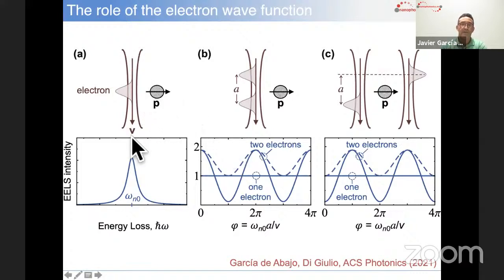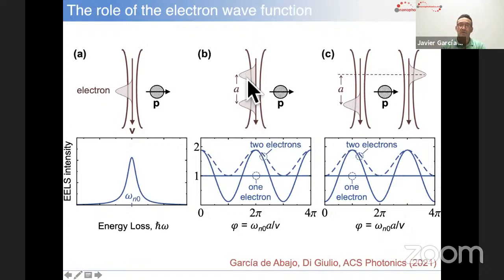So you have one electron interacting with some optical mode, a plasmon or something like this. Then you have a spectrum that has a certain peak centered around some excitation energy. Now, what happens if your electron is modulated in the vertical direction in the shape of two wave packets? It's just one electron, only the wave function is modulated in two wave packets.